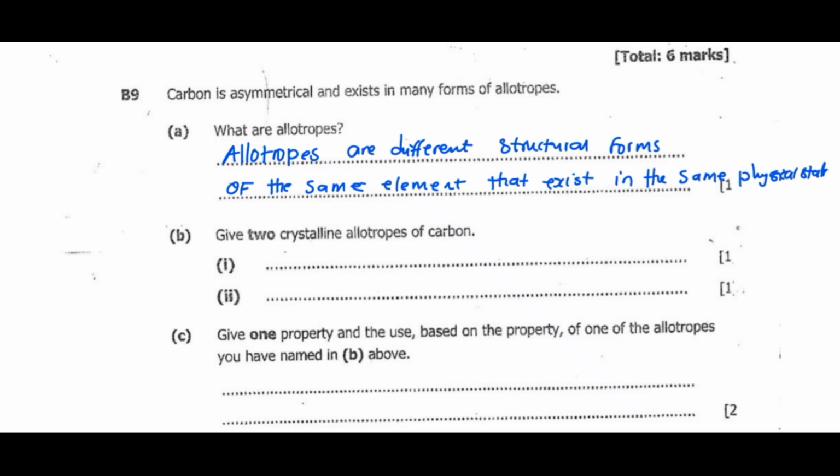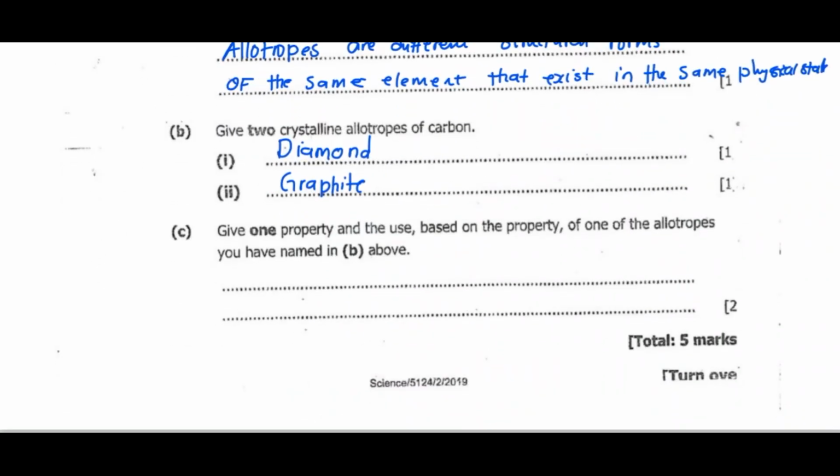Then B, give two crystalline allotropes of carbon. We have diamond. Then we also have graphite. Then for C, give one property and the use based on the property of one of the allotropes you have named in B. So let's take graphite.